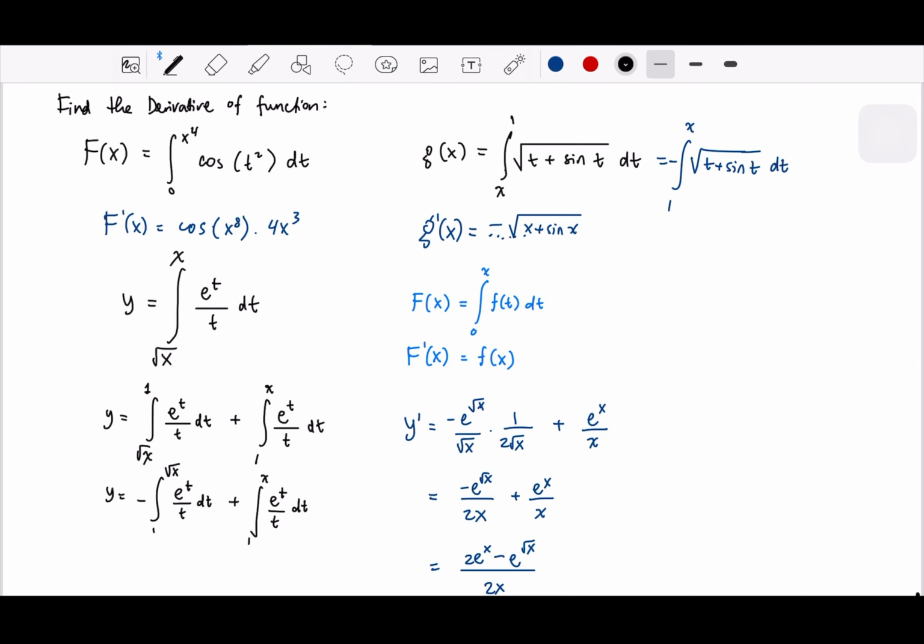Whenever we have 0 over 0, it's still the same: you can take the derivative of the numerator and the derivative of the denominator. That type of problem might appear in our task as well.